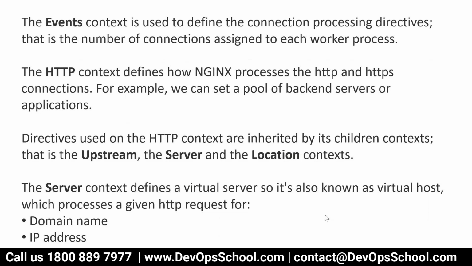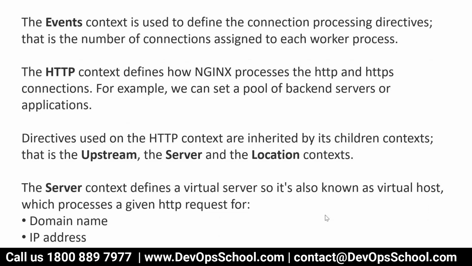Directives used in the HTTP context are inherited by its children contexts, and that is the upstream, the server, and location contexts. The server context defines the virtual server, also known as a virtual host, which processes a given HTTP request for a domain name, IP address, or Unix socket.